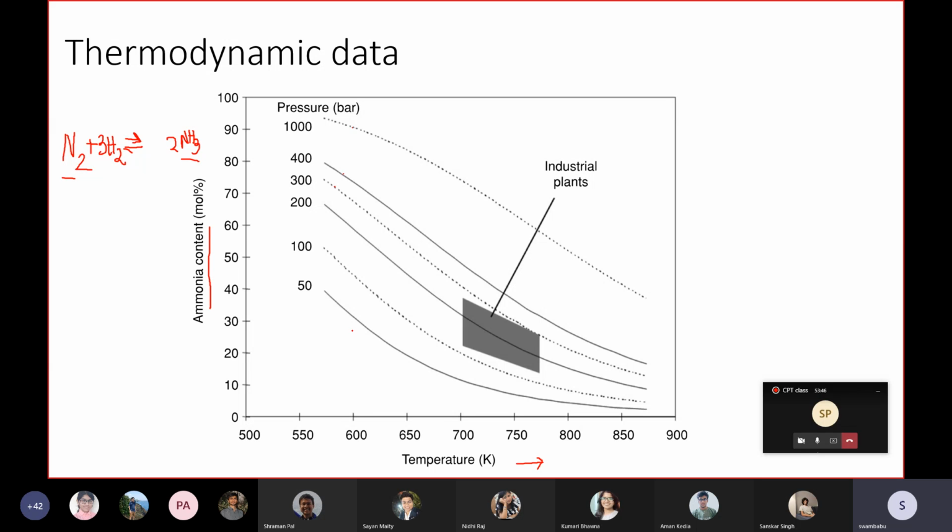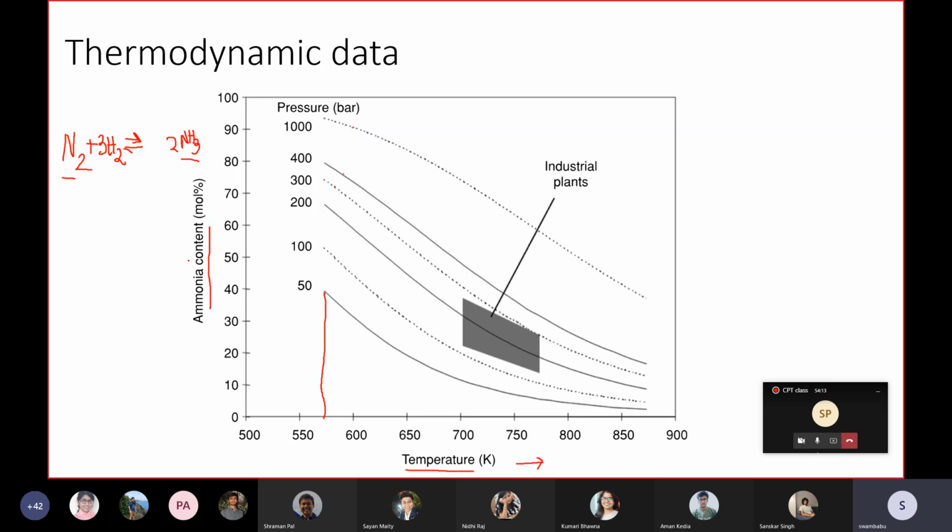Now we can see here, as the temperature increases from almost 550 degrees centigrade, the ammonia content is decreasing.